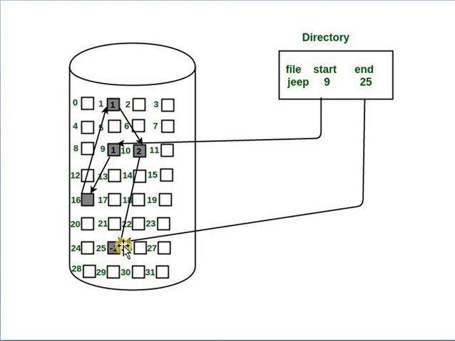That means -1 indicates the null pointer, and the file is completed. The directory entry points to the starting address and ending address of the blocks. These are the intermediate blocks that are interconnected via a linked list.